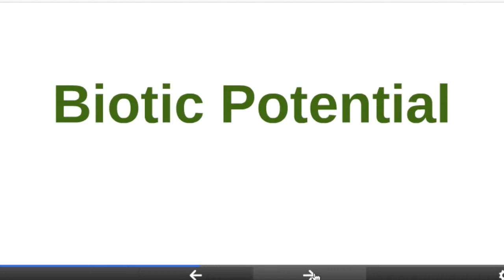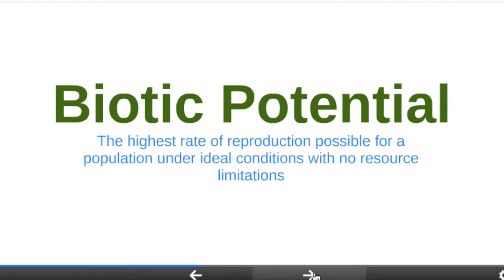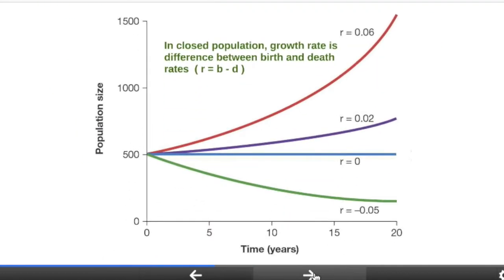The next factor to consider when talking about populations is their biotic potential. This is the highest rate of reproduction possible for a population under ideal conditions. In order to determine your biotic potential, you must first understand what your growth rate is. Growth rate is the difference between the number of individuals born minus the number of individuals that die.